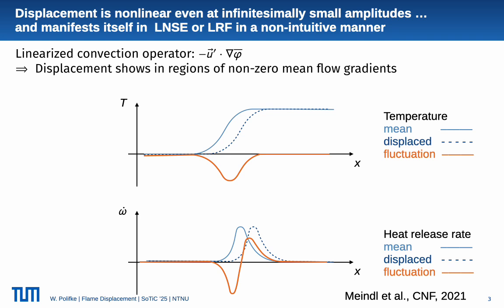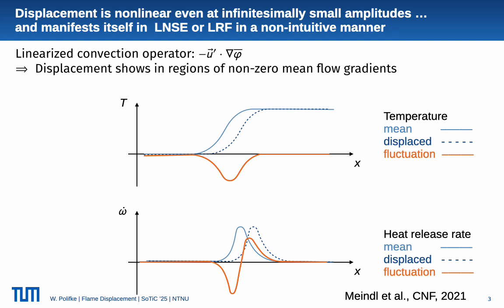The fluctuation that results from a slight displacement of the flame in a downstream direction, for example, would be a negative excursion of temperature, as shown by the orange curve. On the other hand, a quantity like heat release rate in the flame, shown at the lower half of the plot, has this characteristic decrease and then increase, corresponding to the regions of positive and negative mean gradient of heat release rate.